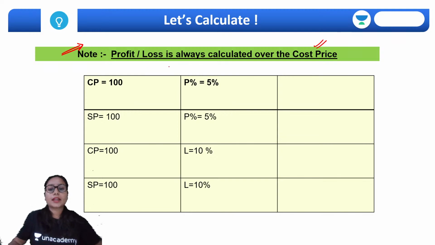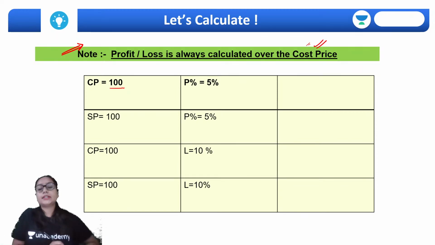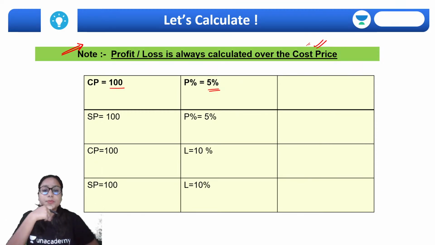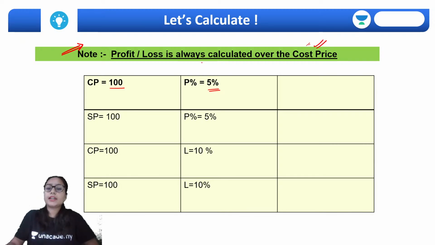As I said, profit and loss is always calculated over the cost price. Let us take one example. If the cost price of a certain commodity is rupees 100 and the profit percent is 5%, what does this mean? It means that 5% profit is done over the cost of rupees 100.